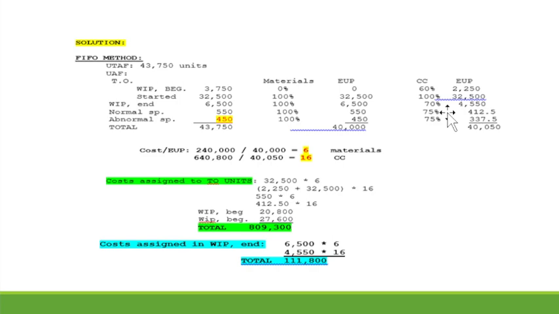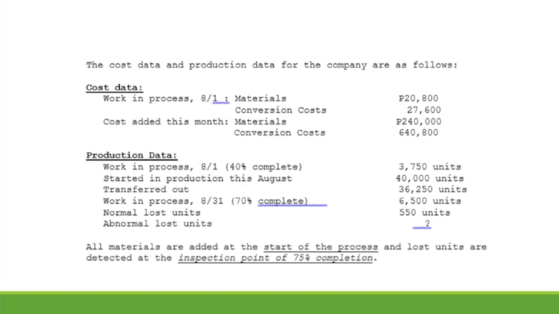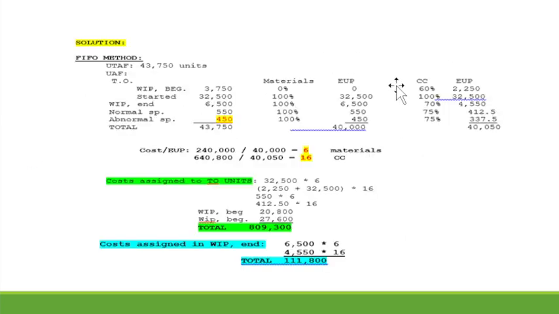The normal spoilage and the abnormal spoilage conversion, bakit 75%? O balikan mo yung item. Ang sabi, na-inspect daw yan at 75% completion. So therefore, 75% na ang effort na nailagay dyan nung na-determine that those items are considered loss, normal, and abnormal.